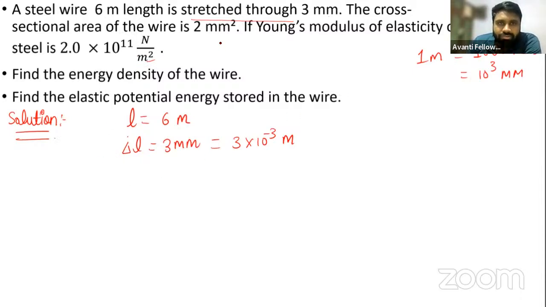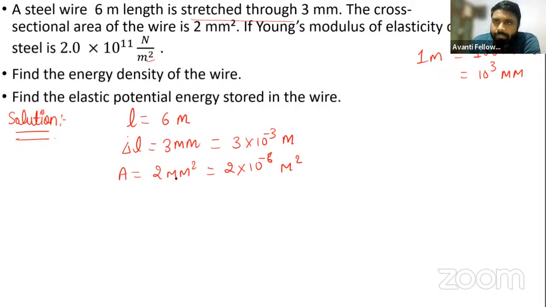Area of cross section is also given to you. It is 2 mm square. We convert it into meter. It will become 2 into 10 raised to the power minus 6 meter square.